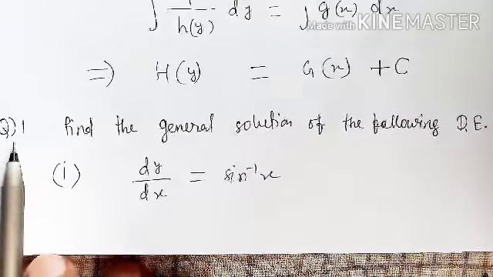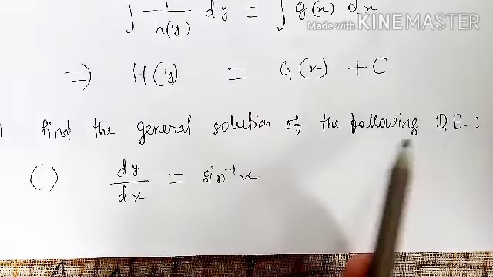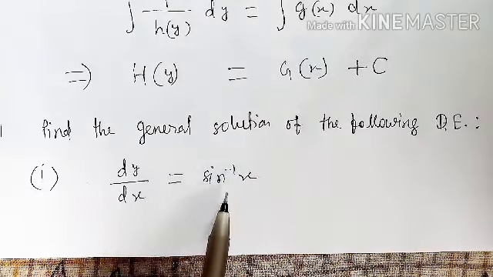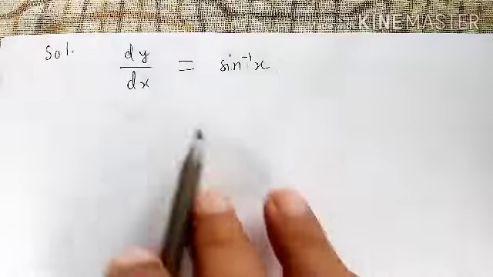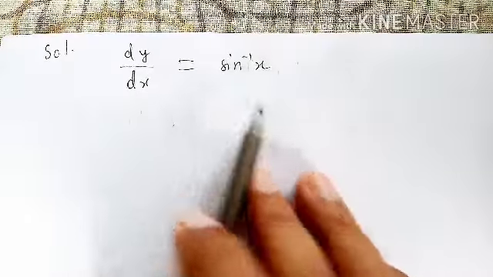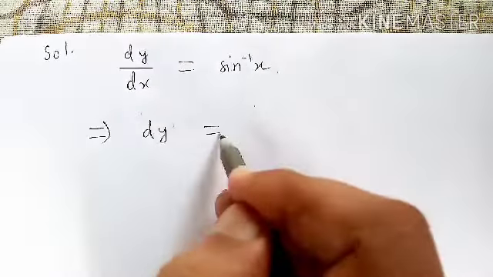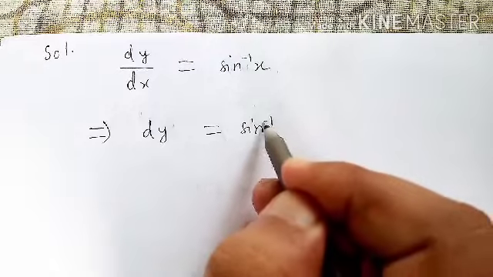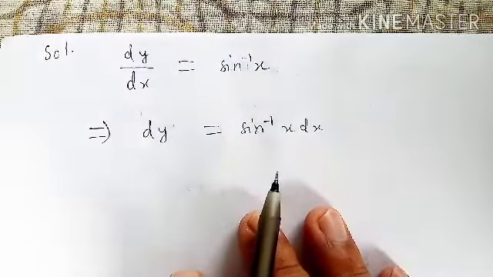Question number 1. Find the general solution of the differential equation dy by dx is equal to sin inverse x. This can be written as dy is equal to sin inverse x dx. Now variables got separated.